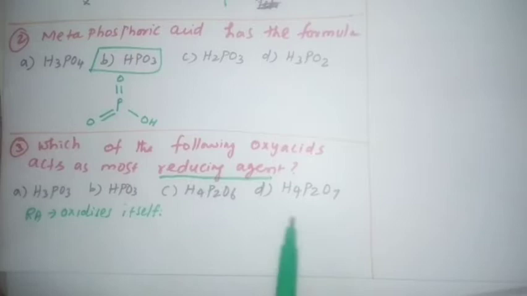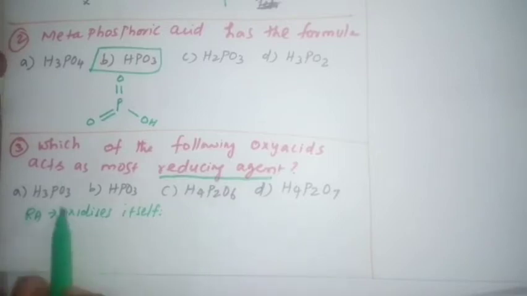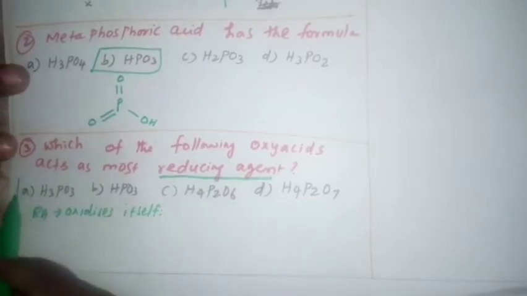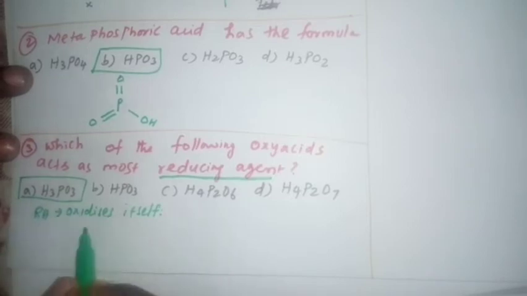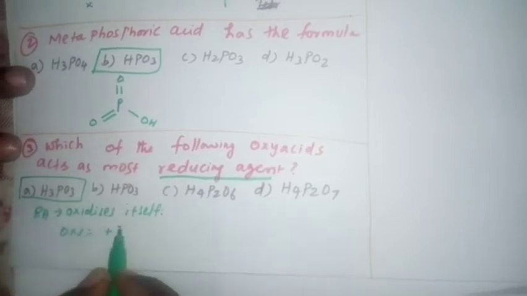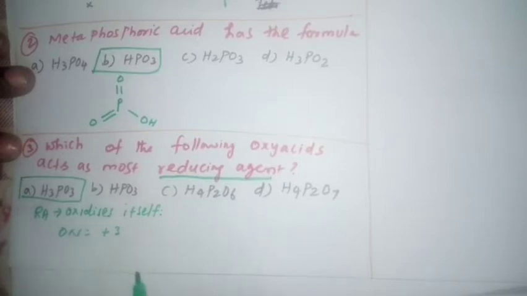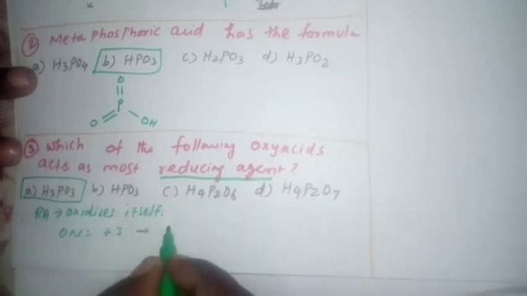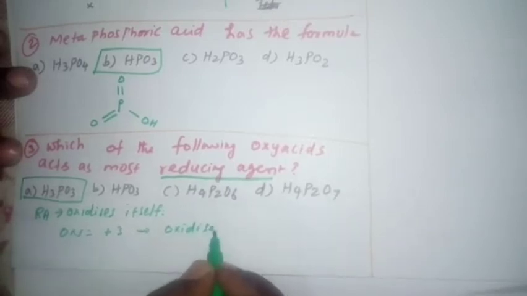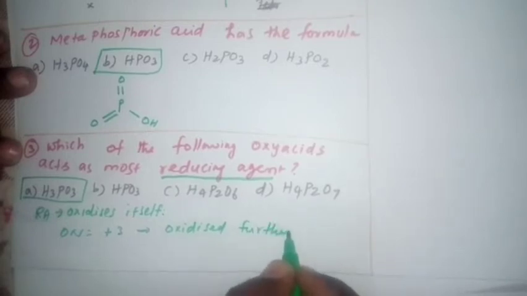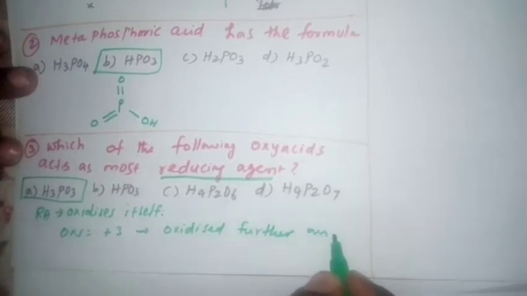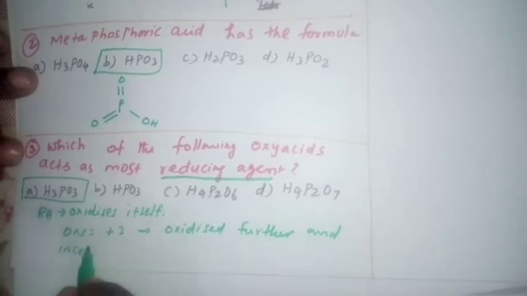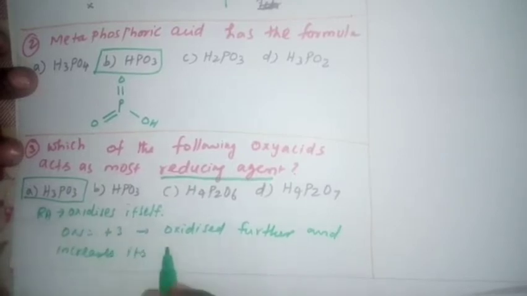Now calculate the oxidation number for phosphorus in all the compounds. Here option A, H3PO3, has an oxidation number of +3. So it can be further oxidized and increase its oxidation state or oxidation number.